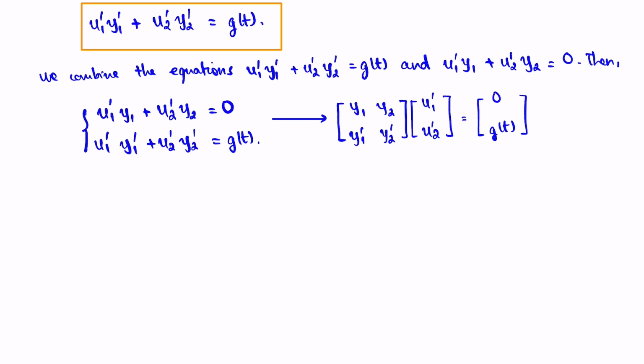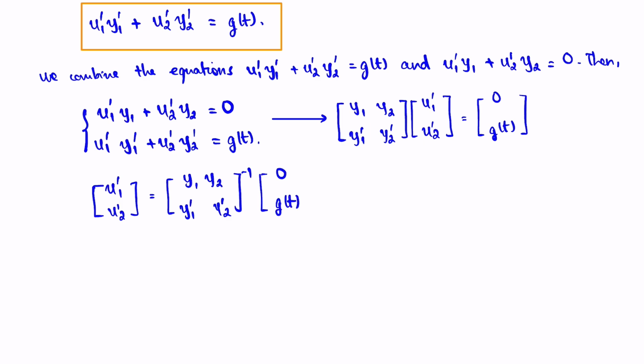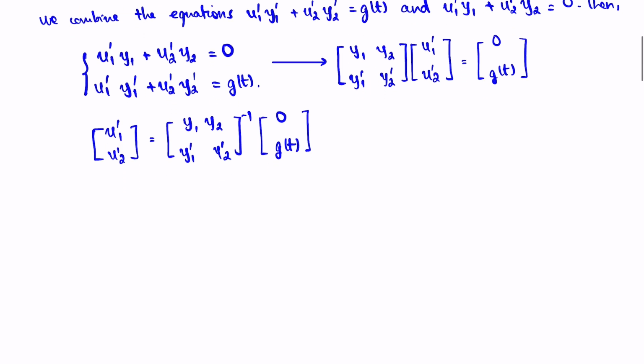So u1 prime, u2 prime is equal to the inverse of the matrix y1, y2, y1 prime, y2 prime, multiplied with the right-hand side, which is 0, g of t. For a 2 by 2 matrix, the inverse is straightforward.